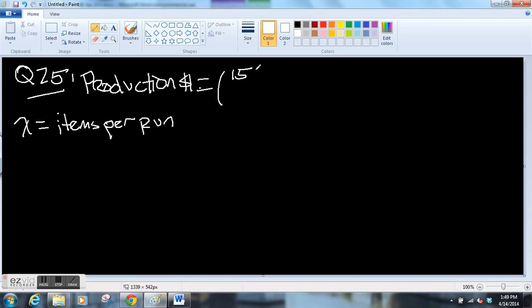So the total number of runs, this is tricky, is 150,000, that's the total number of items we need, divided by the number of items per run. That's the number of runs.